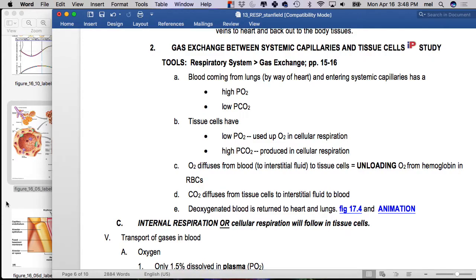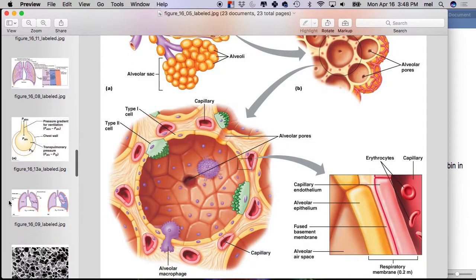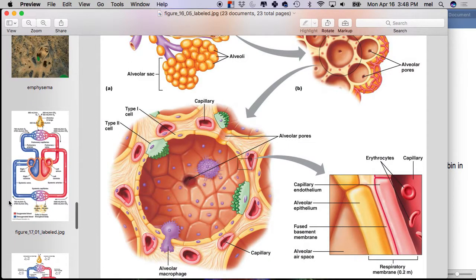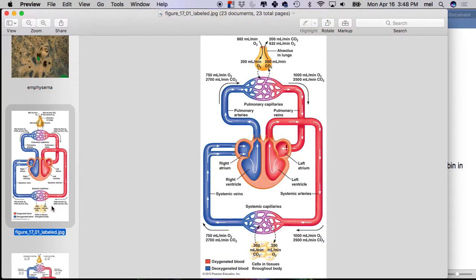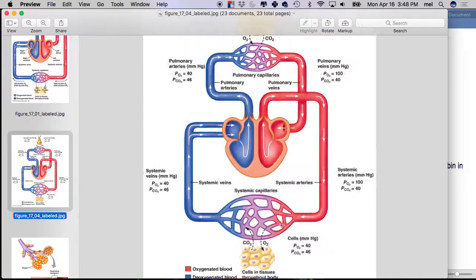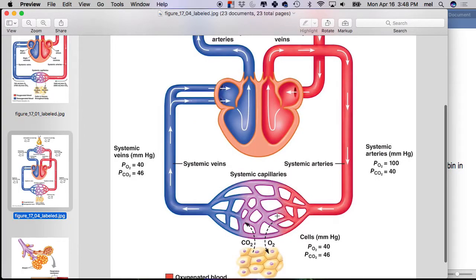So when you get to these tissue cells, you are always going to run into a gradient here that forces the oxygen to diffuse into the tissues and the carbon dioxide to diffuse out of the tissues. Does that make sense? Okay. So again, this is responsible for the concentration gradient that drives the entire thing.